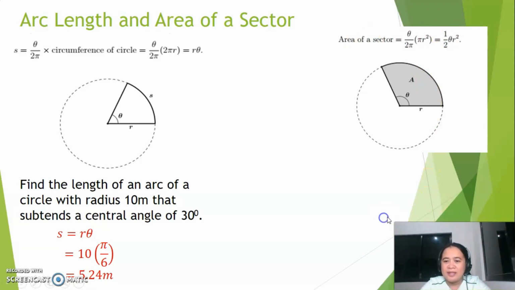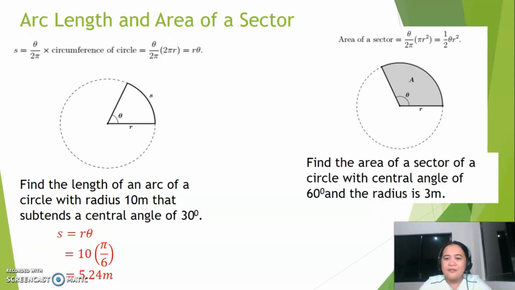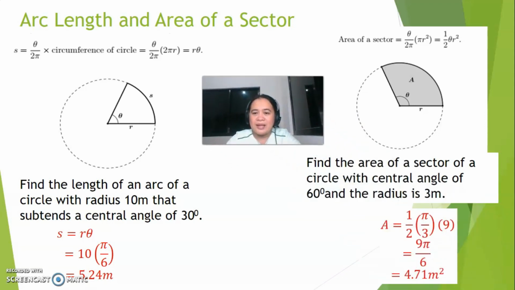So let's have an example. Find the area of a sector of a circle with central angle of 60 degrees and the radius is 3 meters. Area is equal to 1/2 theta r squared. Theta, the angle here, is 60 degrees, which in radians is pi over 3.